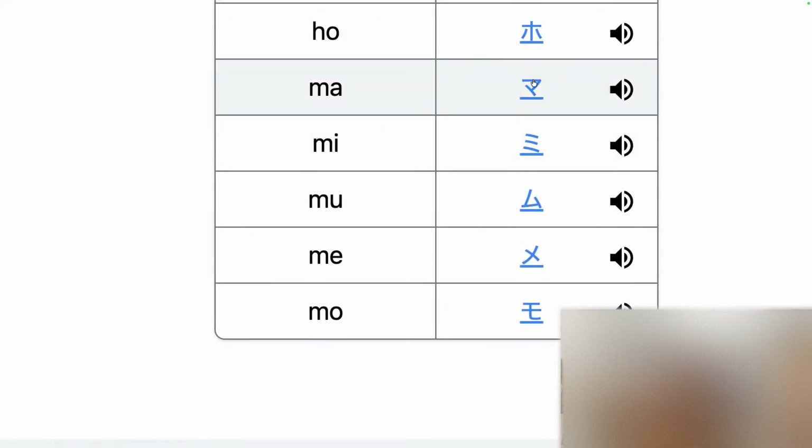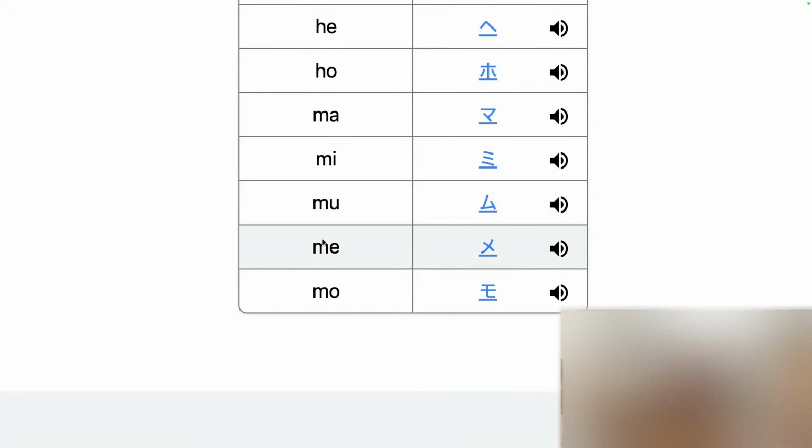This is a triangle looking shape, almost. So how can I try and remember this? Let's try and find a word that starts with M and U. Mu.